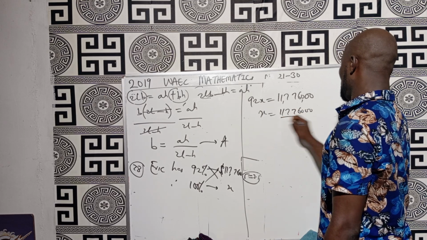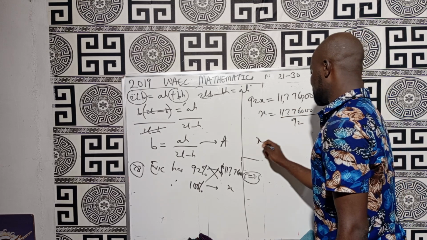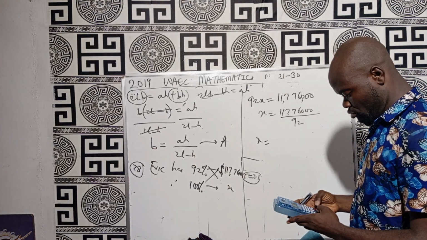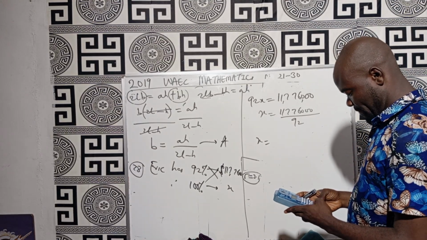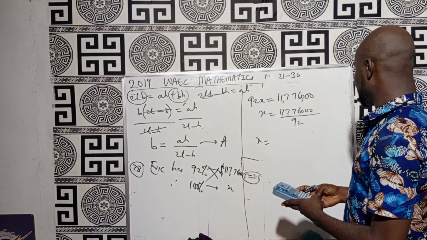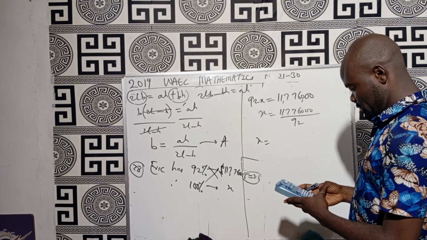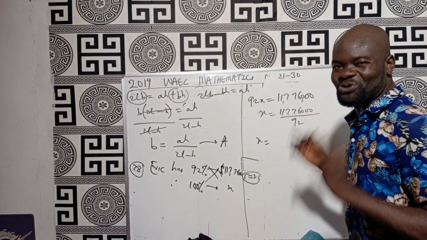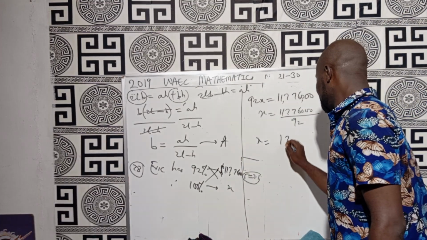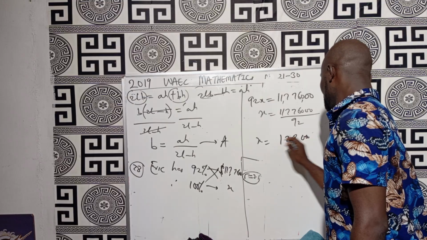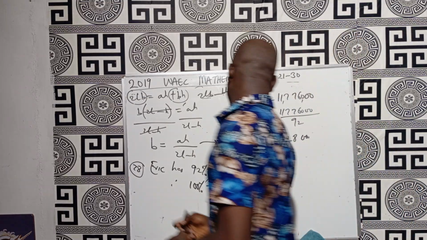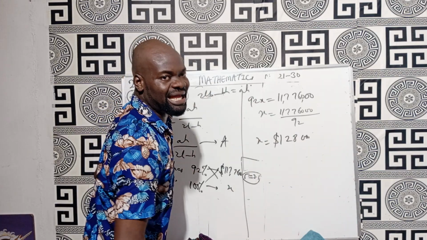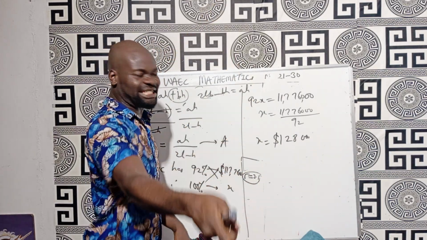Let's take it out on the calculator. 11,776,000 over 92 gives us 128,000 US dollars. That's the amount that was collected originally, the whole amount collected by the agent.